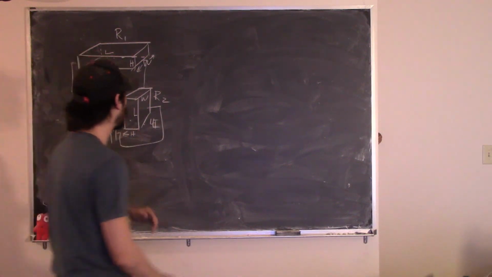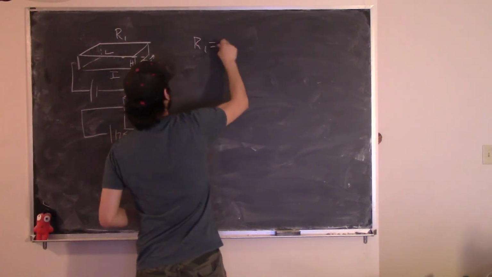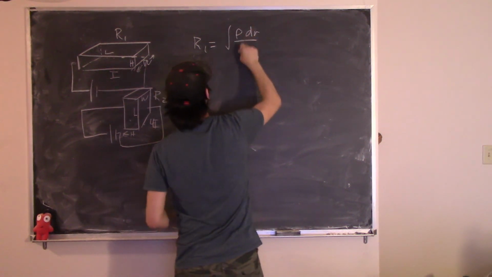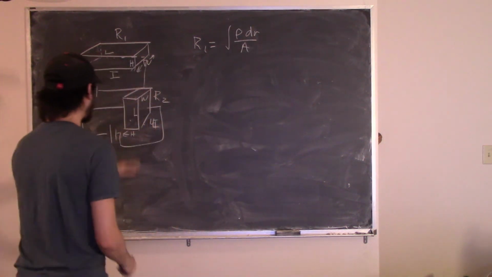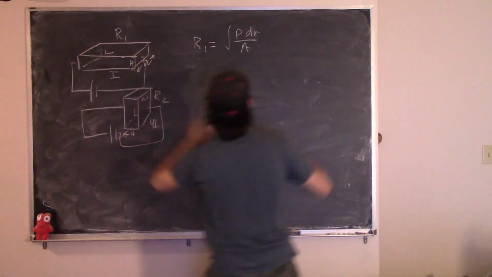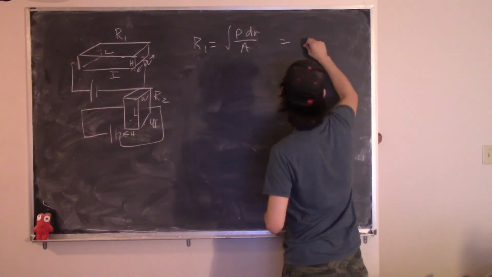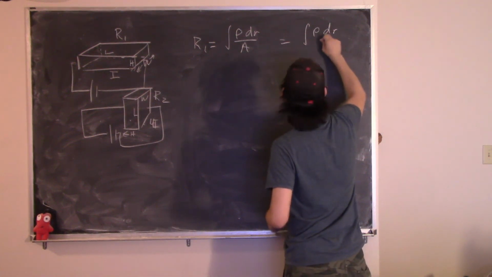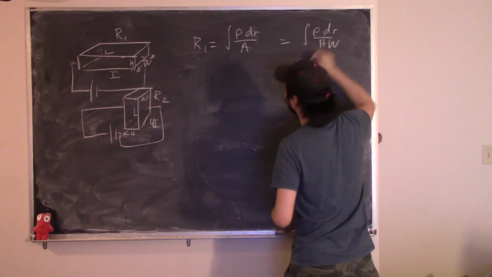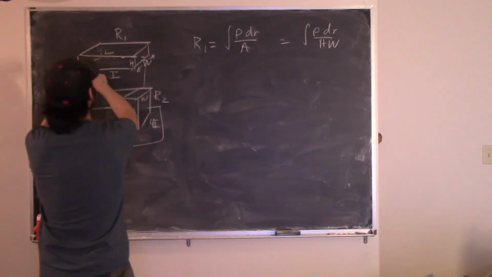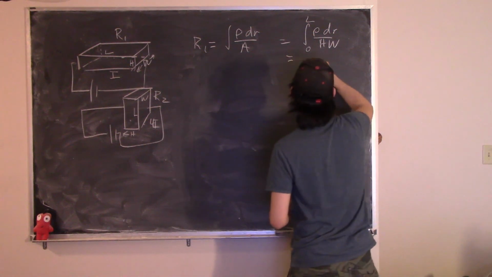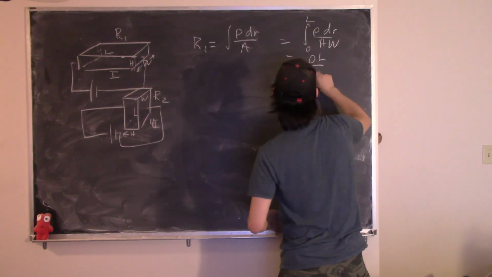So R1 is going to be equal to the integral of rho dr divided by A, where A in this case is H times W. So this is the integral of rho dr divided by H times W, and this goes from 0 to L. And so this is going to be equal to rho L divided by HW.